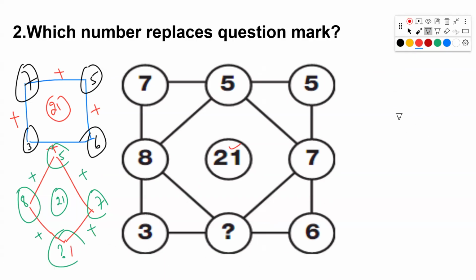Answer is 1. Hope everybody is able to get this logic. Basically two geometric shapes, sorry, a square and a rhombus.